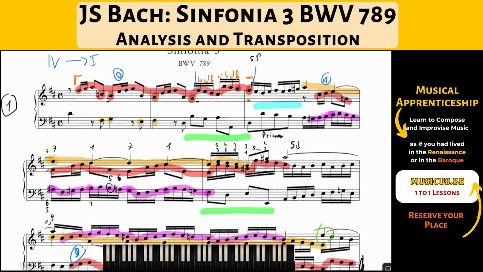But another thing I always wanted to try, and I already tried it with the Well-Tempered Clavier C minor fugue, because I know it well, is to take one of Bach's pieces and use it as a template. For example, we have this Sinfonia.